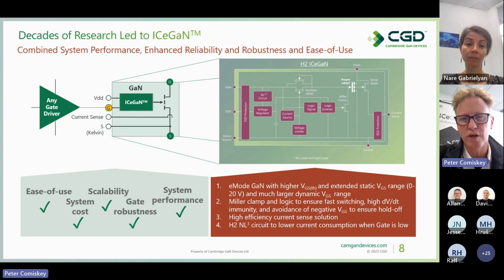First of all, it stands for Integrated Circuit E-Mode GaN, and is a HEMT. What it means in practice is that we have integrated certain features into GaN, so they're monolithically integrated. A gate interface circuit has been integrated to solve issues with standard E-mode GaN, without impacting GaN's performance.